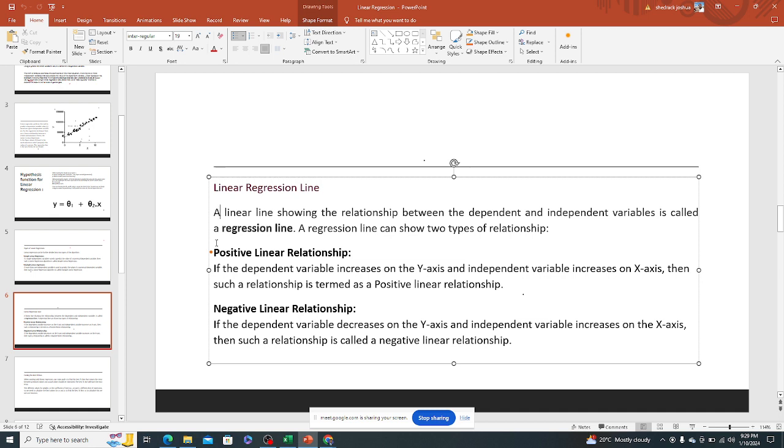A positive relationship shows that if the dependent variable increases on the y-axis and the independent variable increases on the x-axis, then such a relationship is termed a positive linear regression.